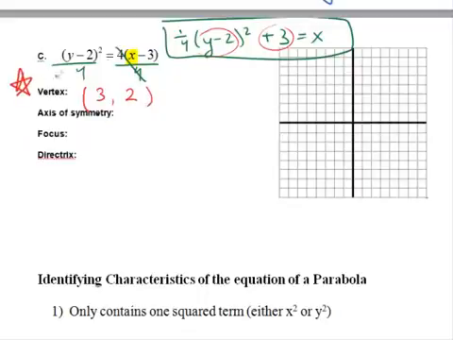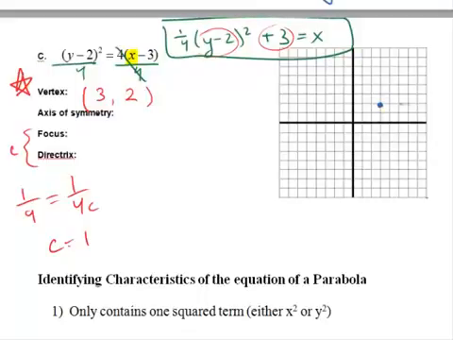You might want to put a star next to this one, that it's kind of different because it's that second formula. To find our c value, we'll say 1/4 equals 1 over 4c, so c must be 1. Vertex at 3, 2. We're going side to side, and it's positive, so go to the right 1 unit for your focus, 1 unit in the other direction for your directrix.